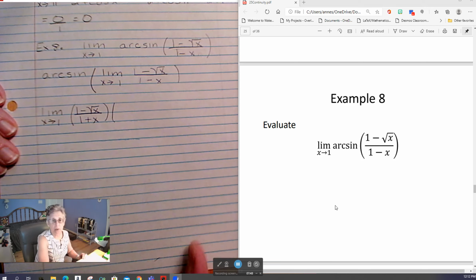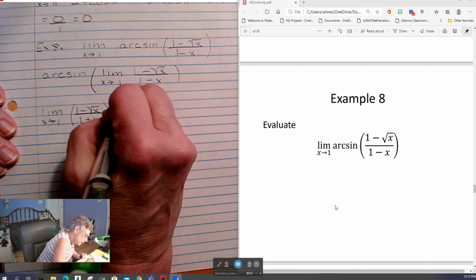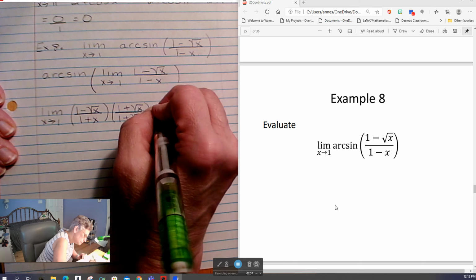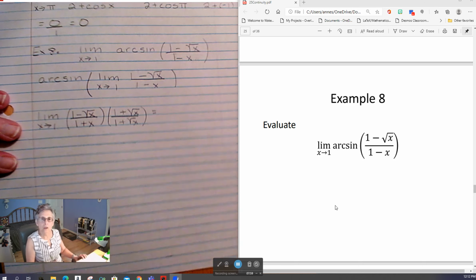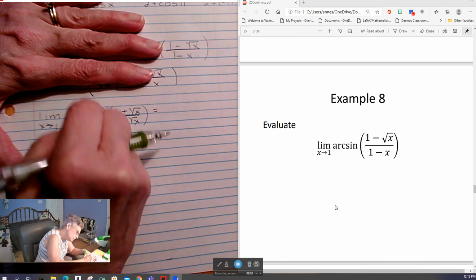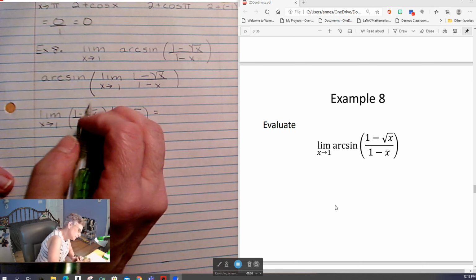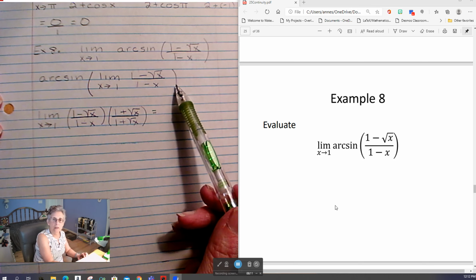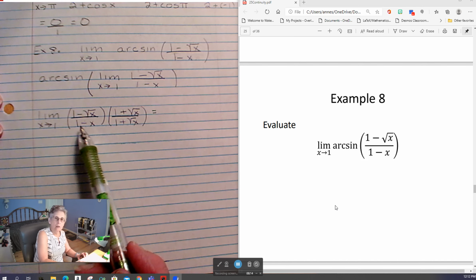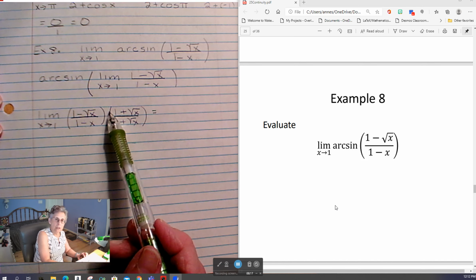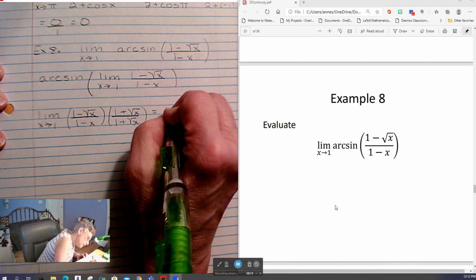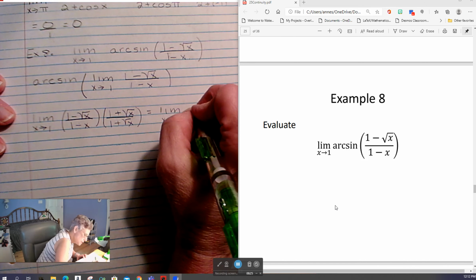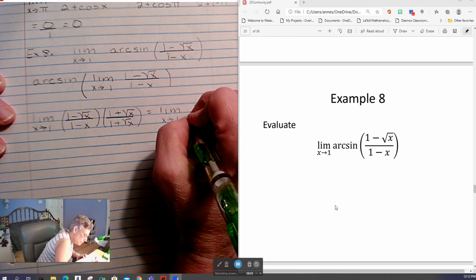Because I am going to multiply numerator and denominator by the conjugate. So I just rewrote it: 1 minus square root of x over 1 minus x. And then I multiplied by the conjugate of the numerator. That way, the limit as x approaches 1, first outer inner last, gives me 1 minus x up top.